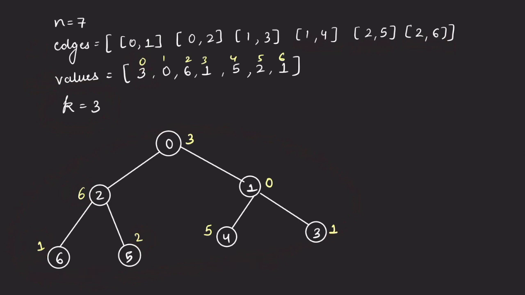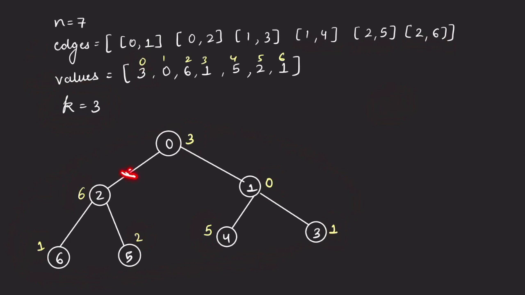So if I do the sum of all the values, this is 1 plus 2, 3, 3 plus 6, 9, 9 plus 3, 12, 12 plus 0, 12, 12 plus 5, 17, and 17 plus 1, 18. So it is 18. 18 is divisible by 3, so this is also one valid component where the sum of the values of all the nodes is divisible by k. But what you need to do is maximize the number of components.